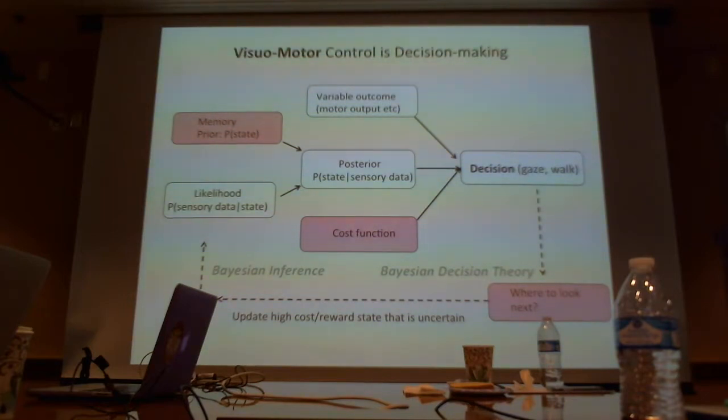We also talked about the importance of the cost function in making a decision, where to look, where to point your body. But what isn't in this original description is what's controlling this transition from gaze at one location to gaze at another location. And so we've talked about that you update on the basis of both costs and uncertainty.